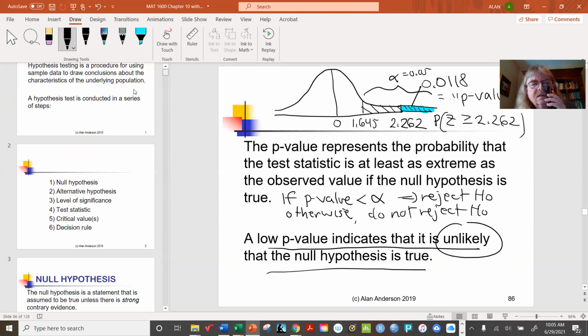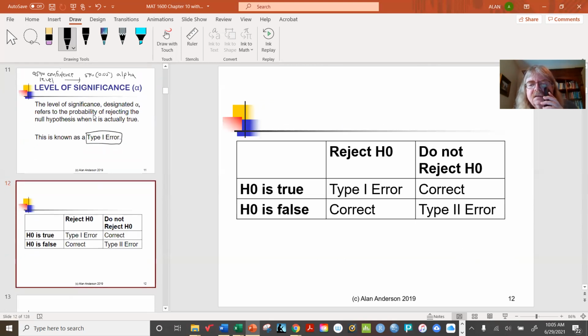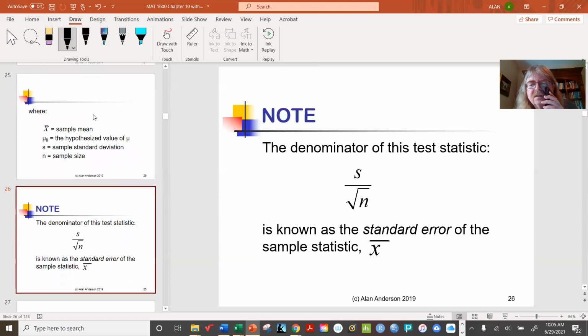Hold on. Let me double check this one last time. Is it 262 or 2.262?